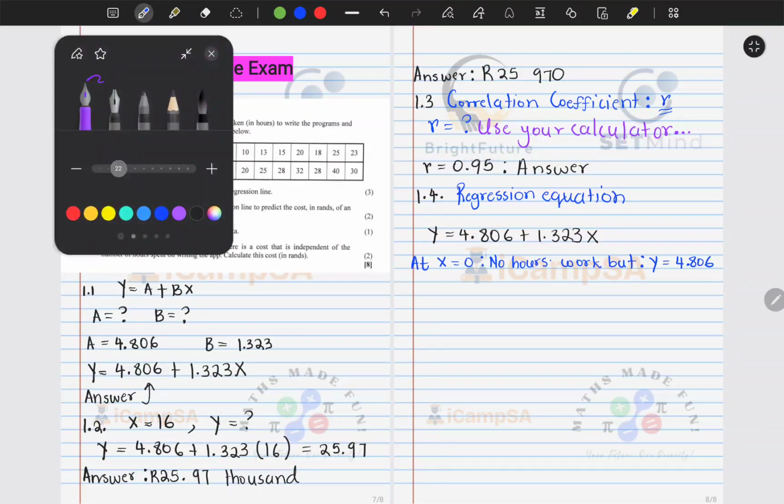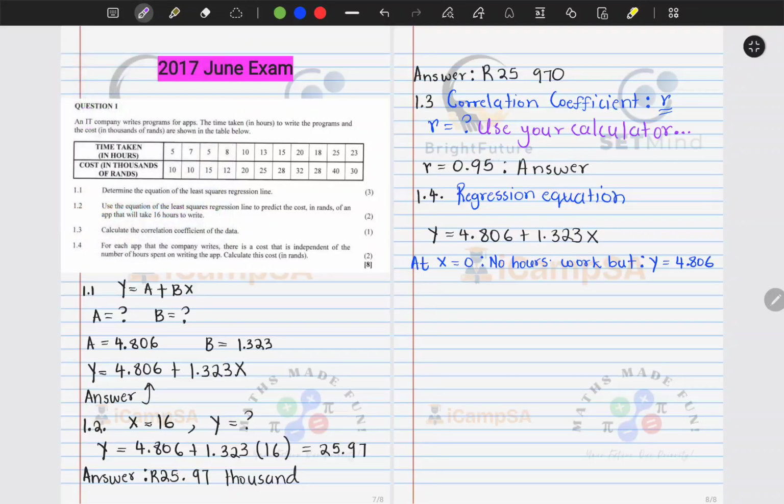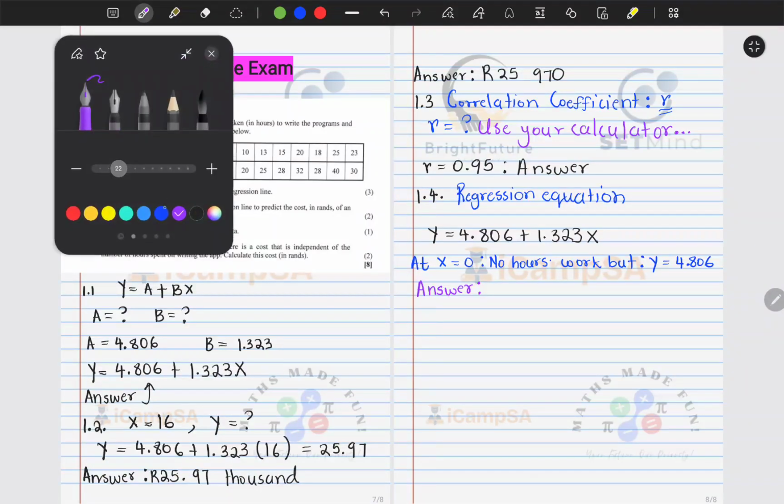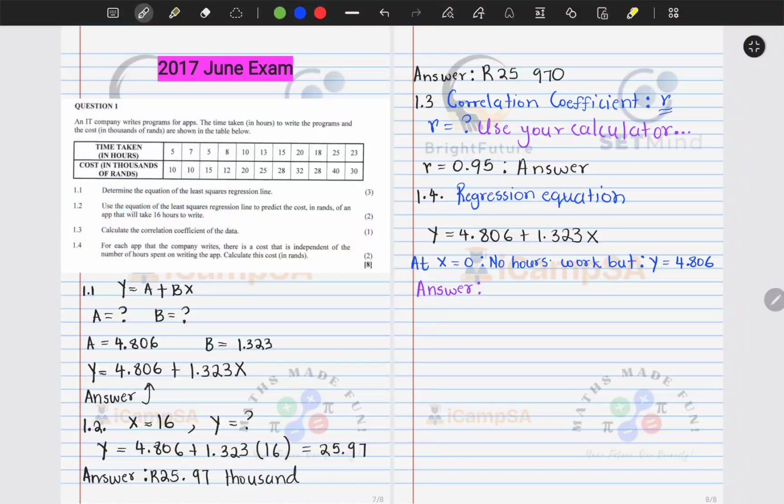What this means is the company charges a standard fee of about 4,806 rands before it can even get the work done. Right?